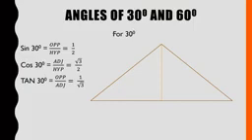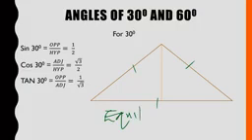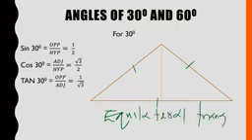Now, the 30 and 60 degree angles come from an equilateral triangle, where all the sides as well as the three angles are equal. Equilateral triangle, I said. So if the three angles are equal, it means 60, 60, 60.